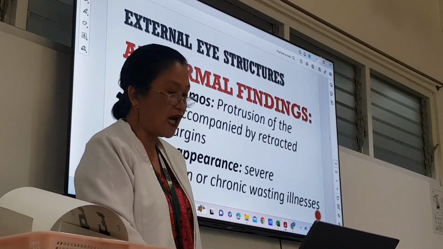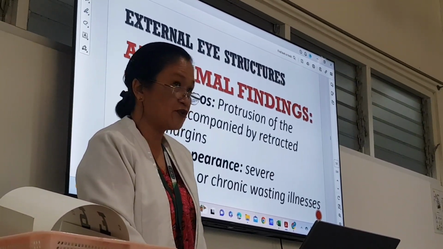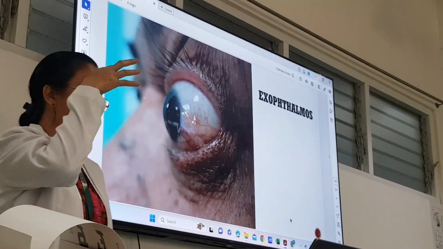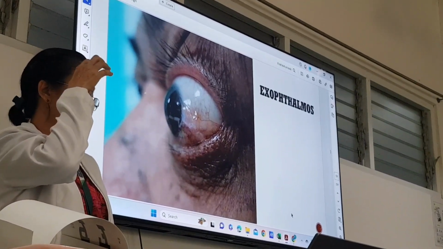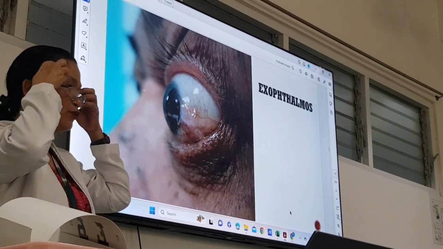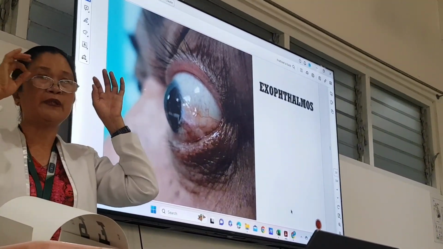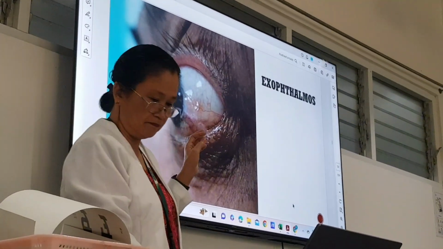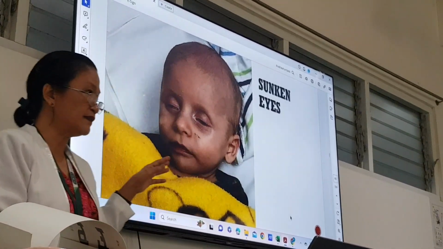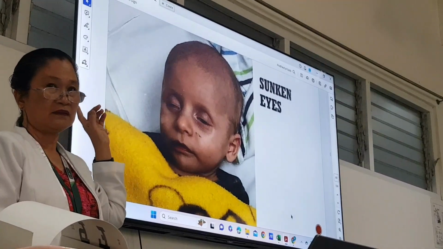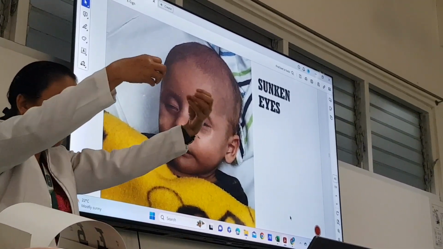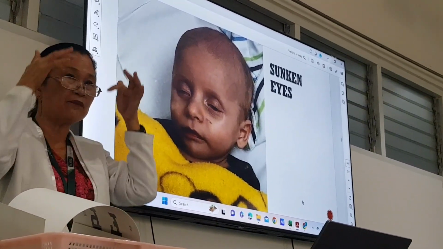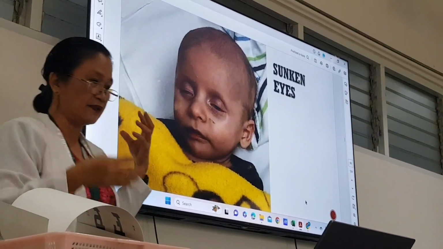Some can appear in severe dehydration or chronic wasting illnesses. So this is your exophthalmos. The eyeballs come out, displaced from their normal position, because of hyperthyroidism. And these are sunken eyes, from dehydration. So when you are dehydrated, check your eyes. Sometimes our eyes also turn dark when you are really dehydrated. Okay?